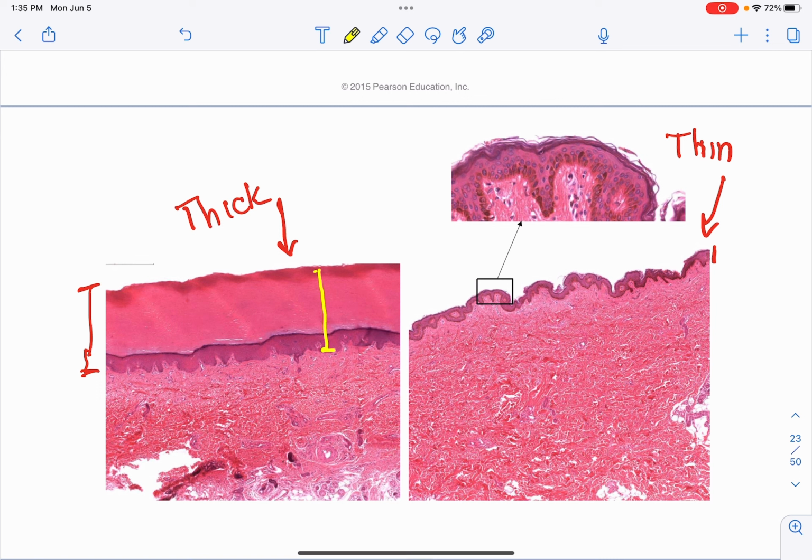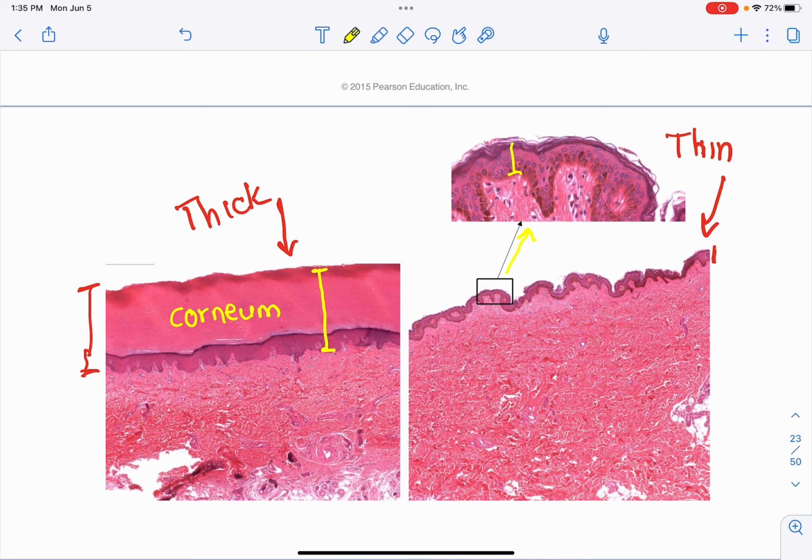The stratum corneum is quite large. This is the stratum corneum. So this can be 75 layers thick. It is quite thick compared to thin skin. Thin skin, excuse me, you actually have to zoom in to begin to see the different layers and the different stratums, okay? So again, same magnification.